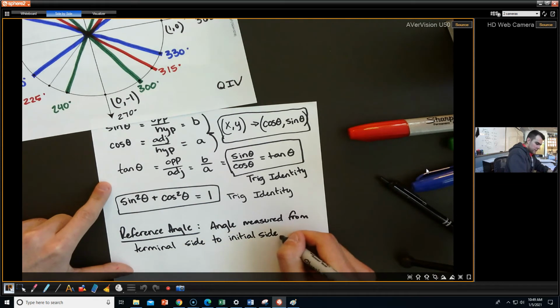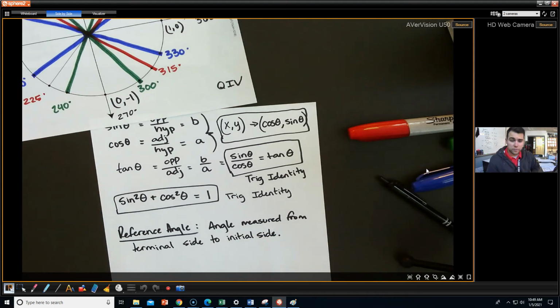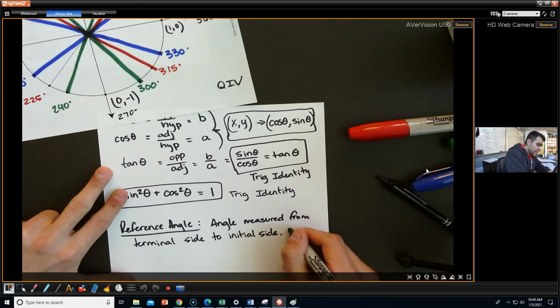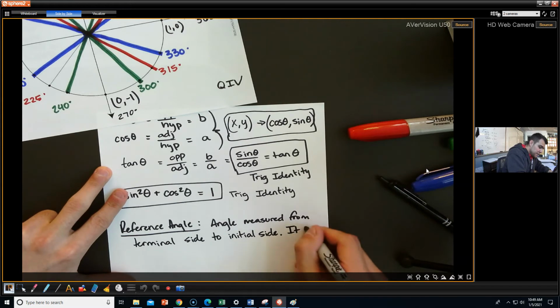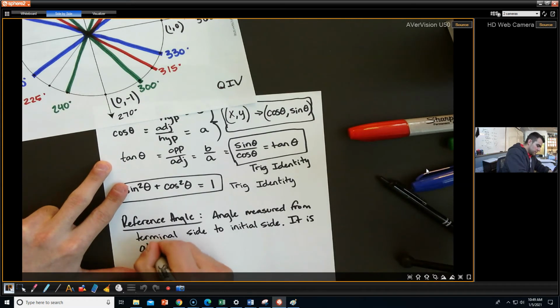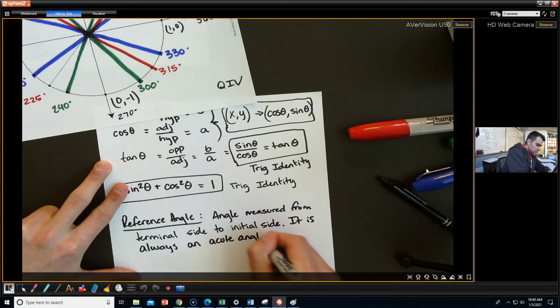Okay. So it's an angle measured from the terminal side to initial side, and it is always acute. I'm going to say it's always an acute angle. Not just that, it's cute.